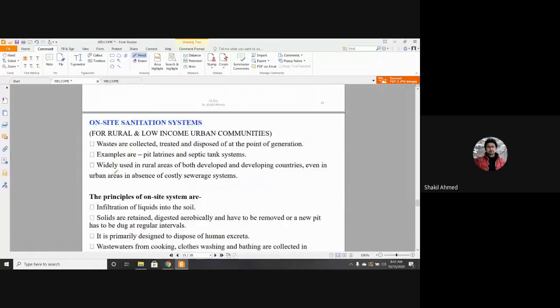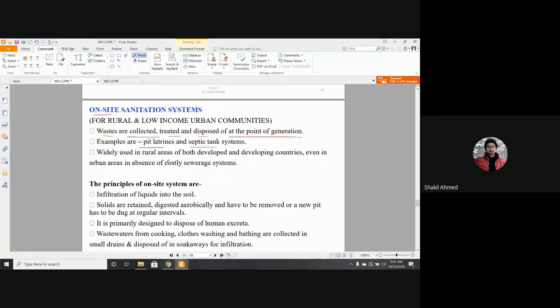Just to get a review of that. In your on-site system, wastes are collected, treated, and disposed at the point of generation. For example, pit latrines, septic tanks, widely used in rural areas, both in developed and developing countries.